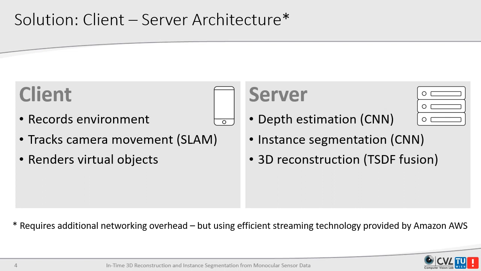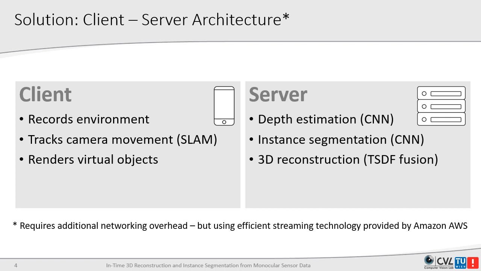So what the server actually does is it has three microservices. One is depth estimation, which produces a depth map from an RGB input. The other one is instance segmentation based on Mask Scoring RCNN, which performs 2D instance segmentation based on the RGB stream from the client.